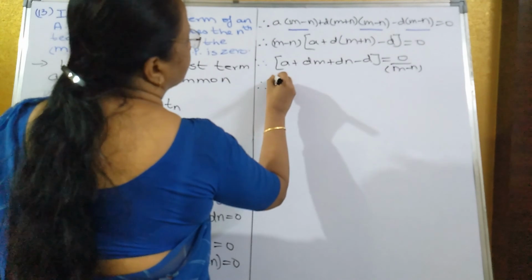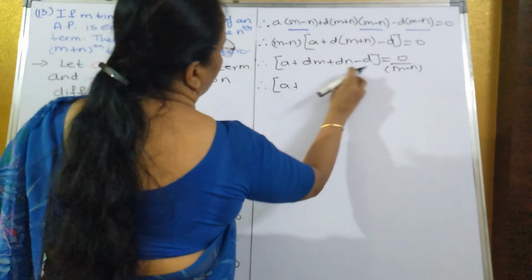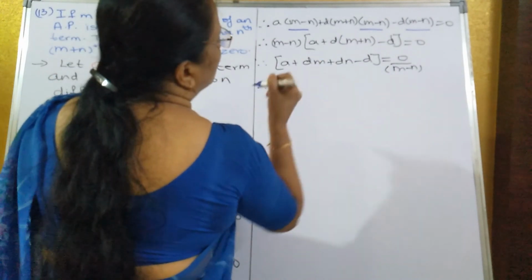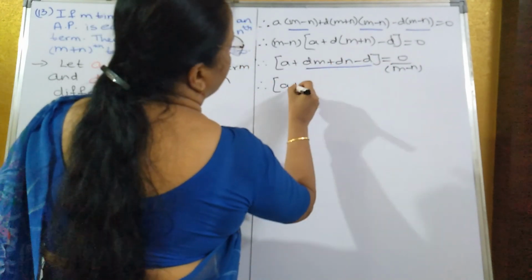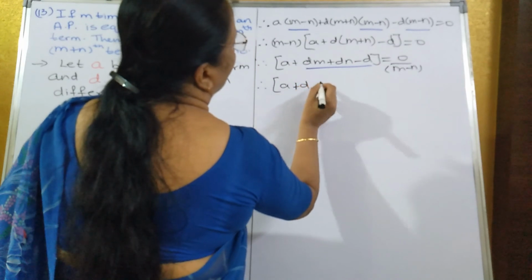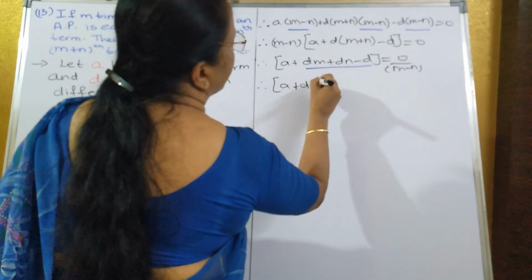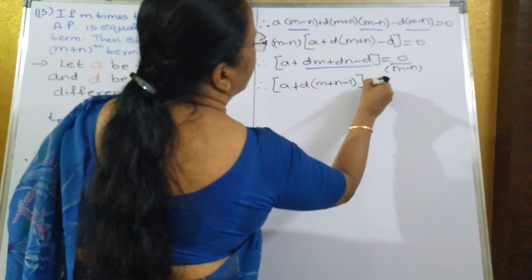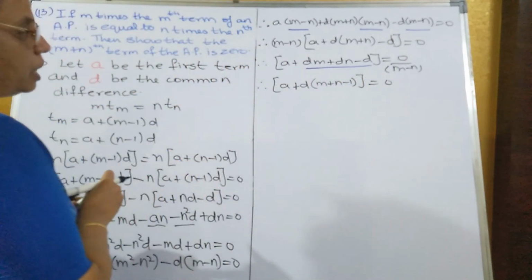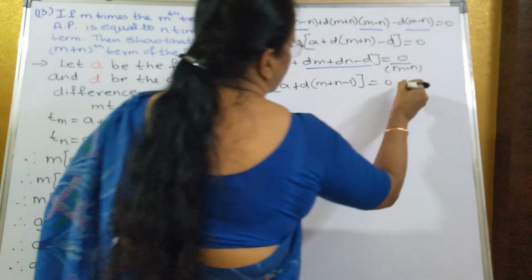Therefore, A, now take d common in this. So in this, what is common? D is common. So d, what will be left inside? (m + n − 1). That is equal to 0, because 0 upon anything is what? 0. So let this be 1.